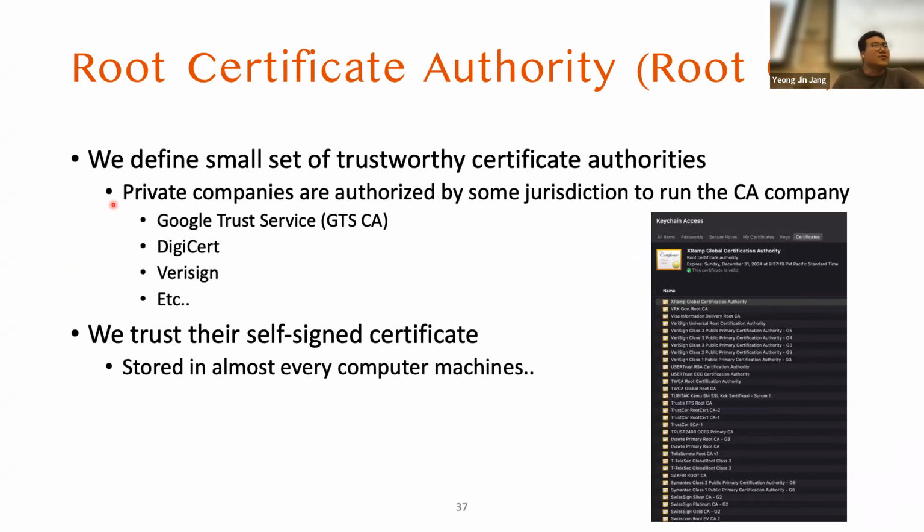For example, to be a root CA or CA company, there's no specific law or organization that controls that, because the internet is not for one country. So there's no specific organization or authority for that. It's somewhat distributed, but there should be some consensus among the people that we can grant the certificate issuer job to a certain company.